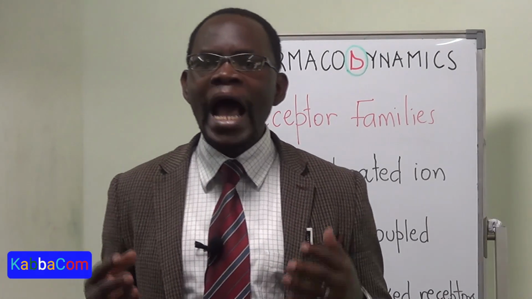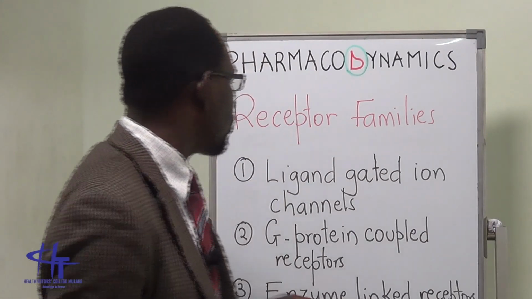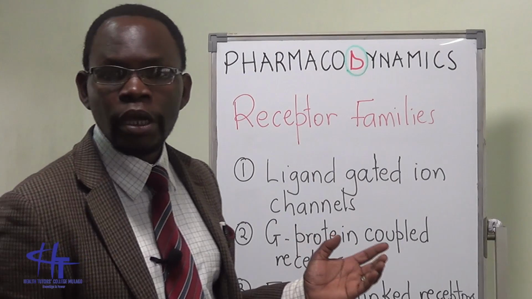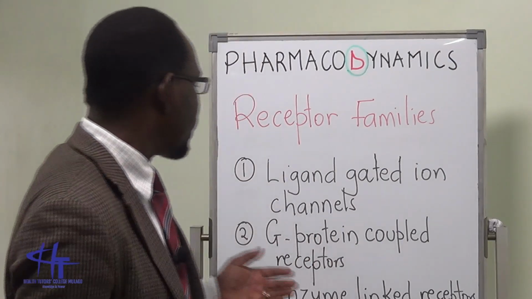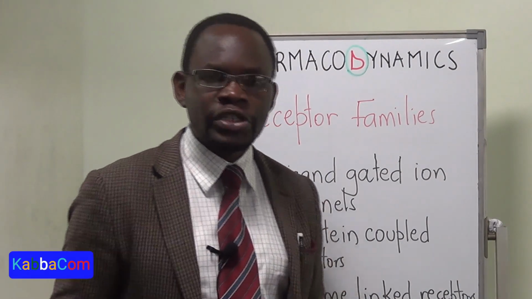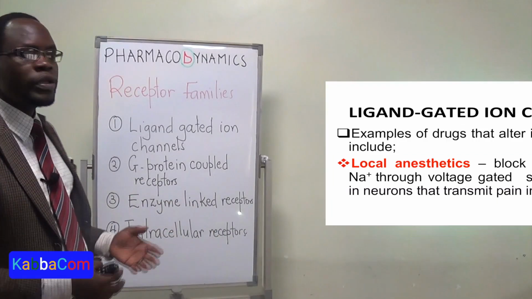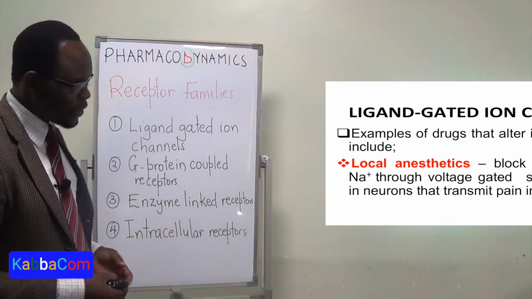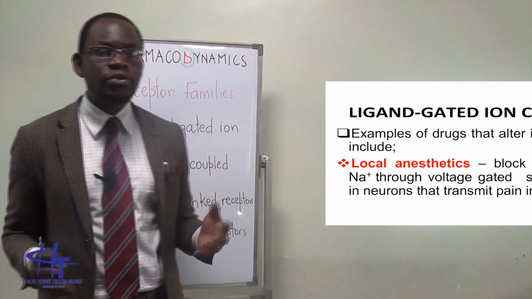We have what we call the ligand-gated ion channels. We are going to see what it means. We have the G protein coupled receptors. We have the enzyme linked receptors, and finally we have the intracellular receptors.